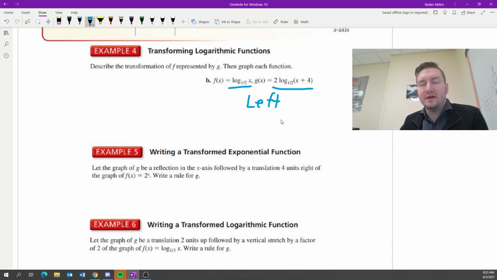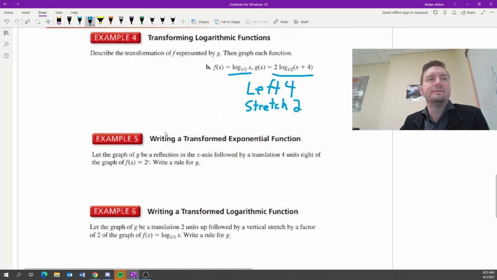And ignore my handwriting, guys. I'm writing with my mouse, so sorry about that. So we're going to left 4. And then we also have a 2 added out front. 2 multiplied by this whole thing, so that's going to be a stretch, because it's bigger than 1 and it's a number multiplied out front. And I think that's the only things we added into this one.